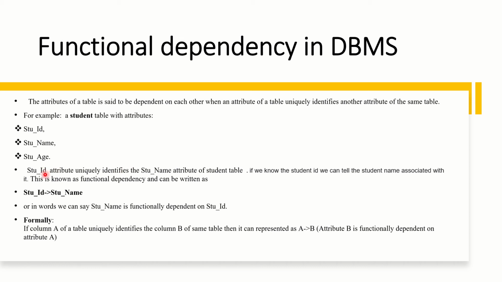If you know the ID of a student, we can identify the name of the student uniquely. So this is the meaning of functional dependency. If you can identify a name of the student uniquely from the ID, then it is called a functional dependency.